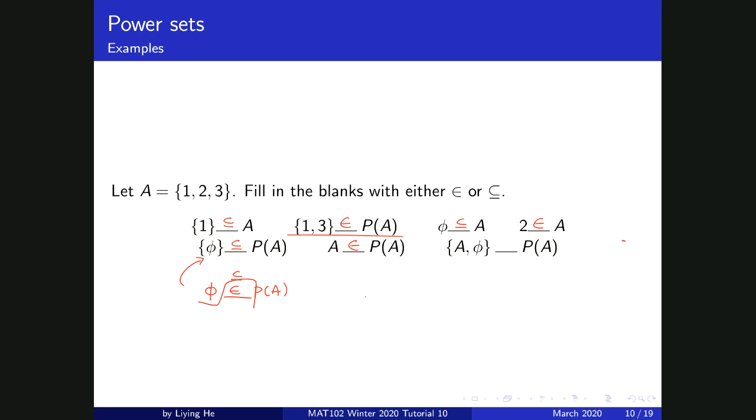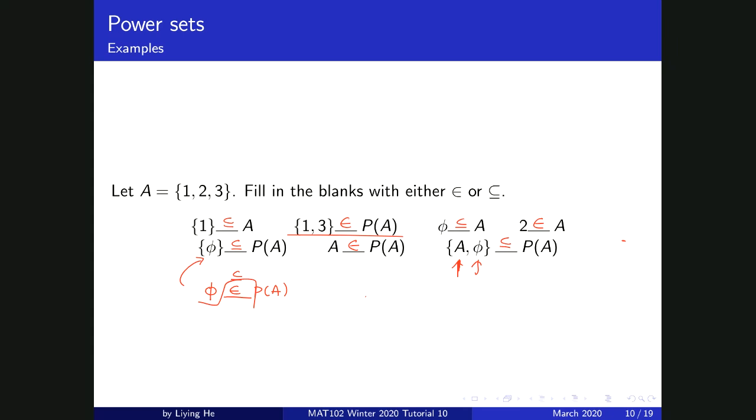Element? No. Yeah, subset. This is because A and the empty set are the elements of this. So it's a set that contains elements of the power set of A, which is a subset of the power set of A.